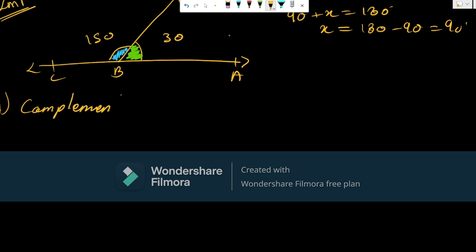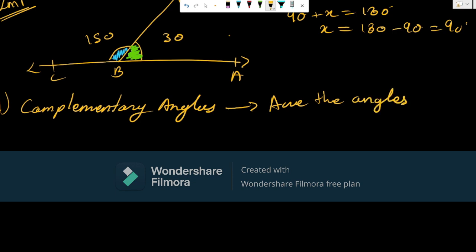Complementary angles. Complementary angles are the angles forming 90 degrees only.